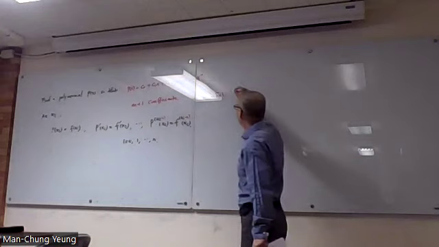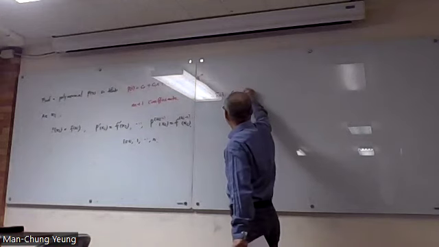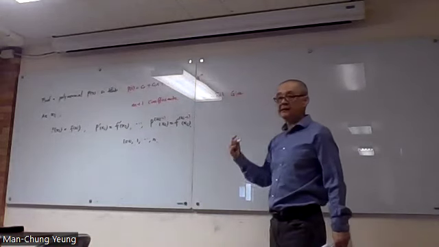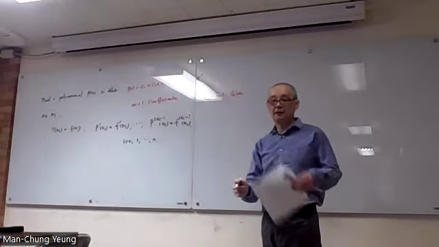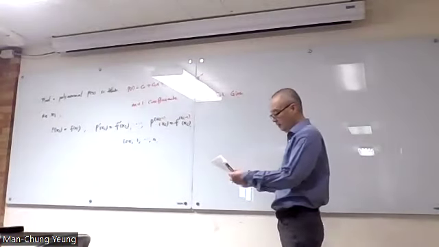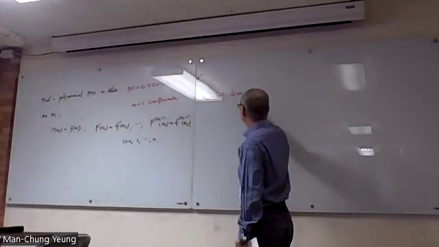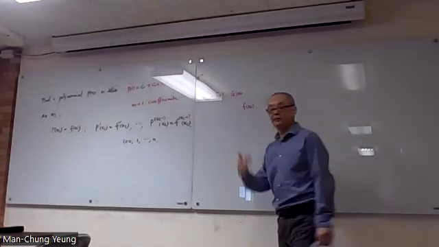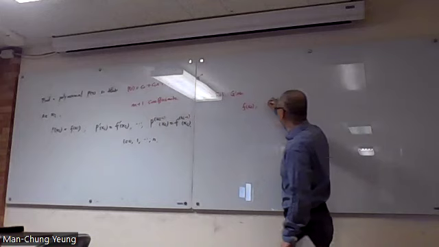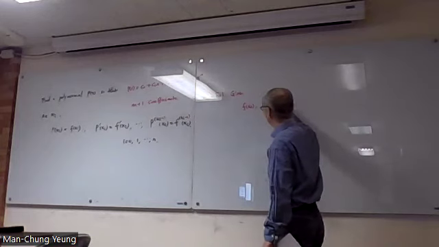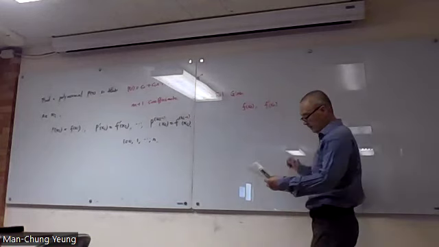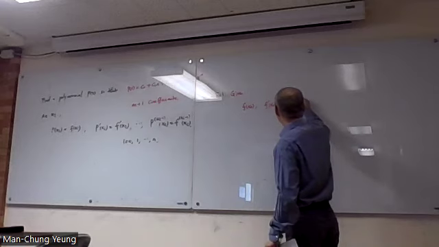Given data: this data has only one node. First, the value at x_0 is given. The derivative at x_0 we know. The second derivative at x_0 we know.